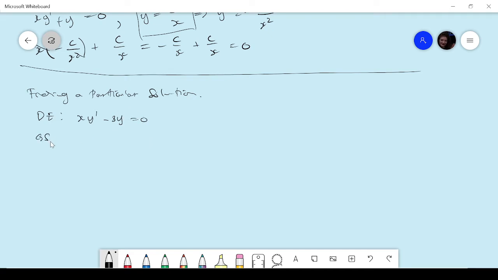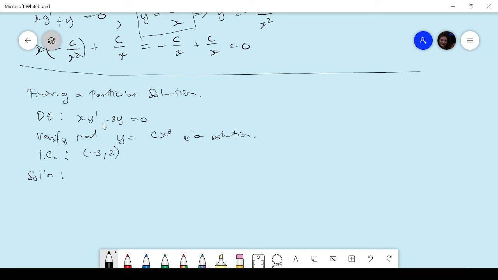The general solution, you have to verify that y = cx^3 is a solution, and the initial condition, IC, is given by (-3, 2). Okay, so first we're going to verify.